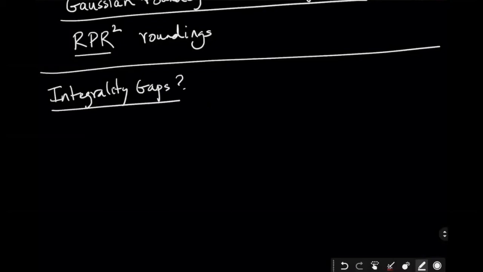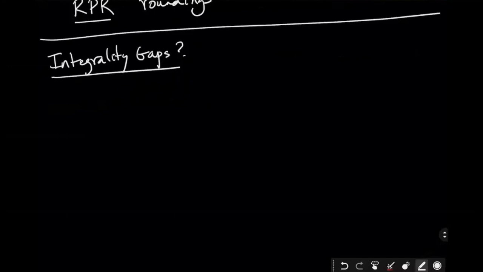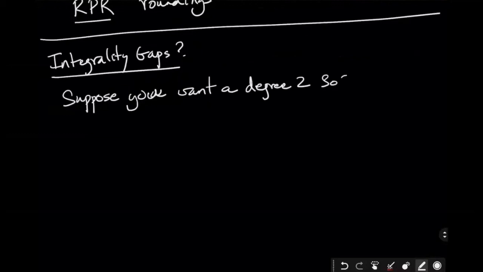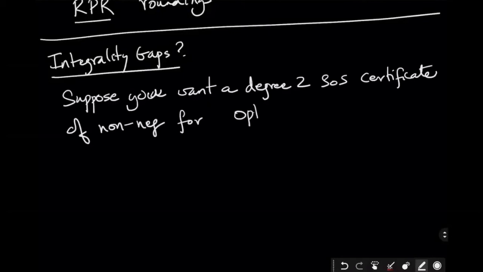So suppose you want a degree 2 SOS certificate of non-negativity for the polynomial opt of G over some constant C minus FG of X. So we proved today that for C equals 0.878, there is such a certificate, right?